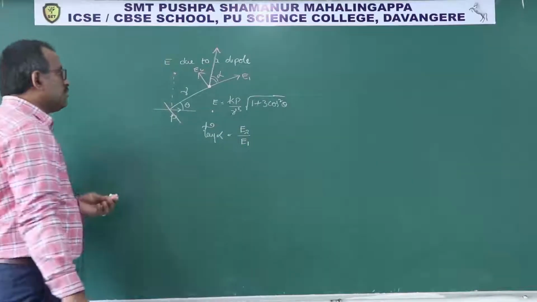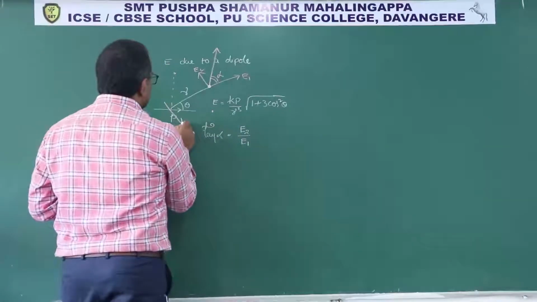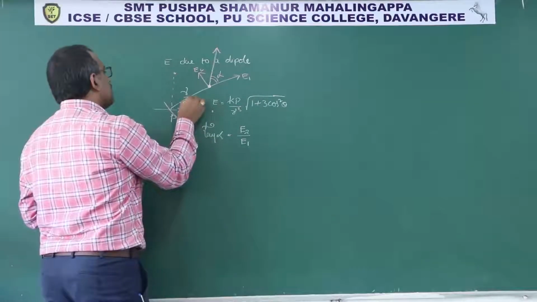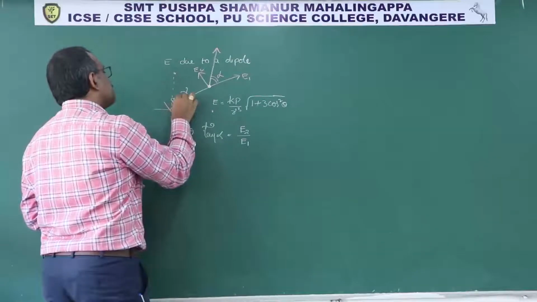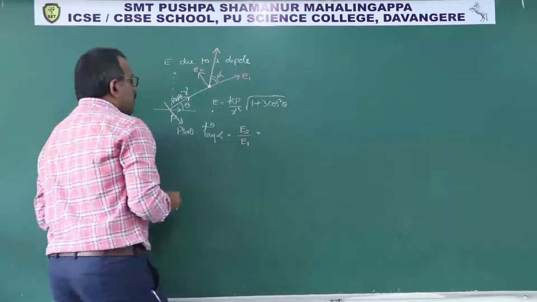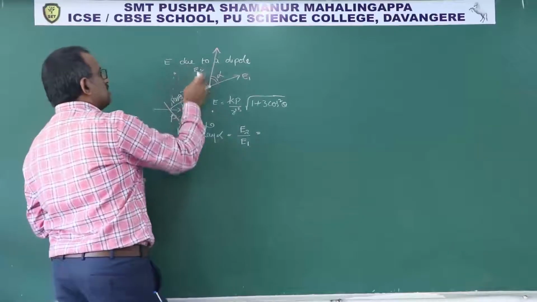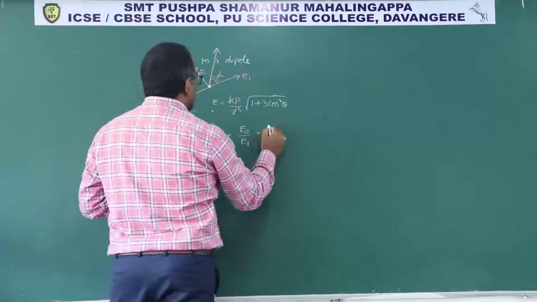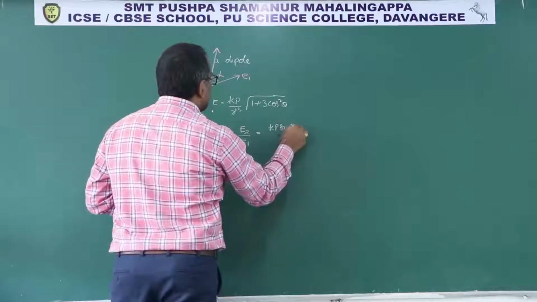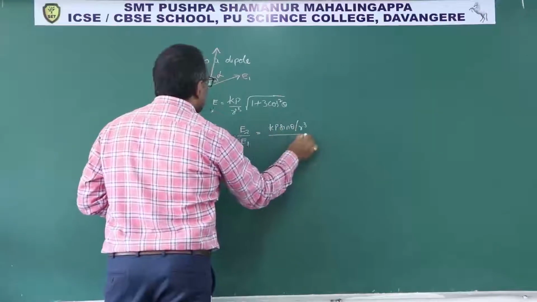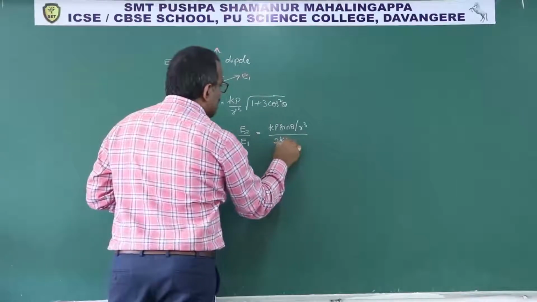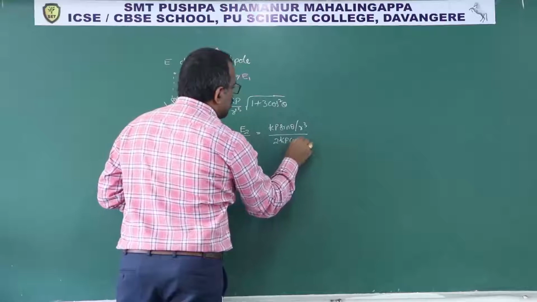What is E2? Remember, as I discussed, the components are p sin theta and p cos theta. So E2, being due to the equatorial line, is kp sin theta by r cube, upon E1, which is at the axial point, 2kp cos theta upon r cube.